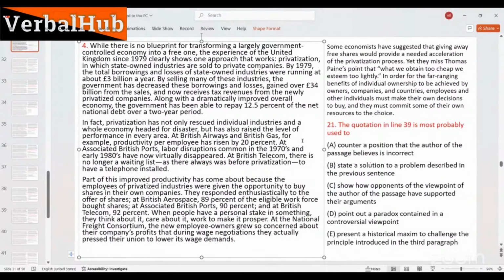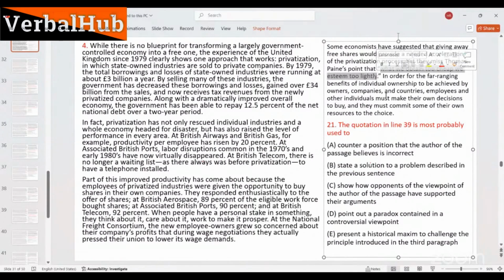For a certain reason, because it is the quoted one. What we obtain too cheap, we esteem too lightly. So what role is it playing here? It is saying that it is not valued. So used for what? To undermine or underrate. Which option says undermining or underrating? See: show how opponents of the author's viewpoint have supported their argument.